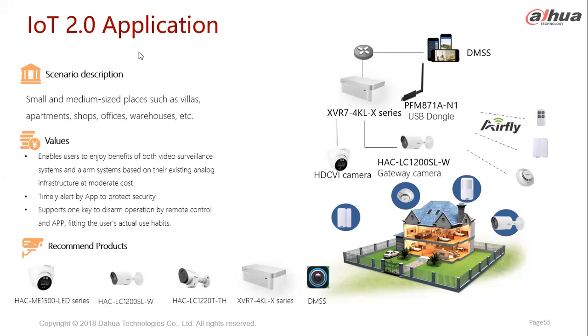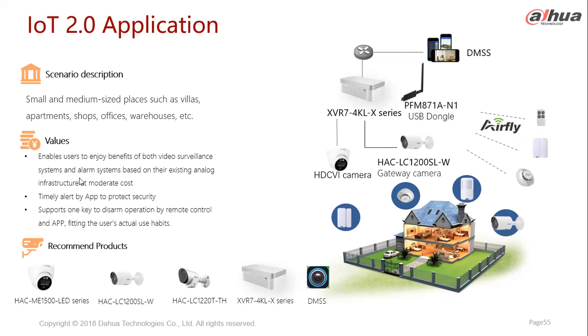Okay, we can resume on the IoT application. So basically, IoT is more about how you can interchange devices to bring surveillance and security into one. So you can see from this case, you can have wireless connection devices with this XVR series and the alarm systems, basically integrating everything into one alarm system, surveillance, and monitoring.